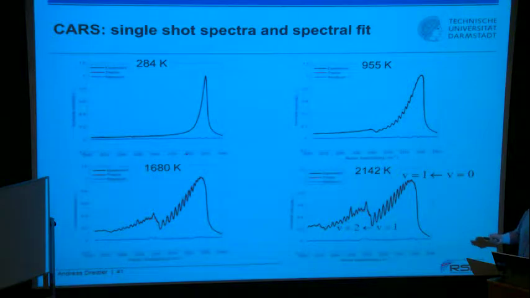Now that is performed in flames up to 2,500 Kelvin, but as well in areas where you have not any reactions yet. 284 Kelvin, you see here the measured spectrum in a single shot, within a couple of nanoseconds. Fitted to that is the theoretical spectrum with a parameter temperature tuned such that the residuum is approaching 0, for 950 Kelvin, for 1680 and 2100 Kelvin.